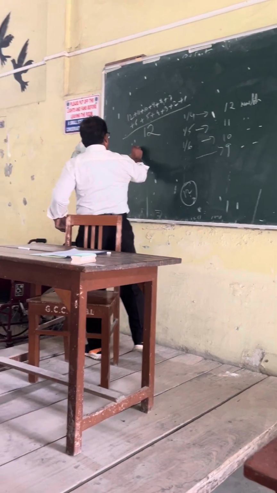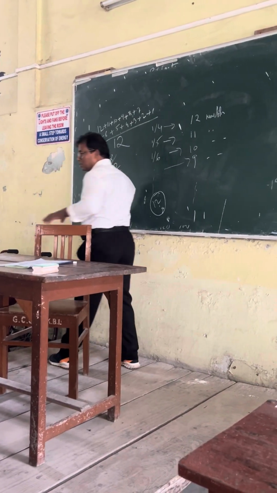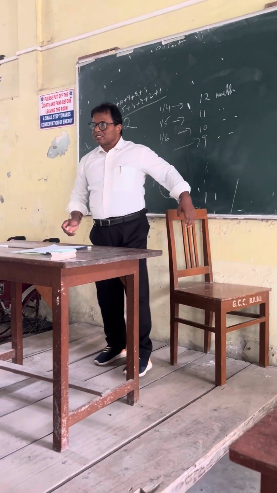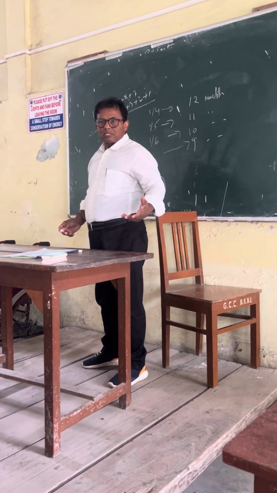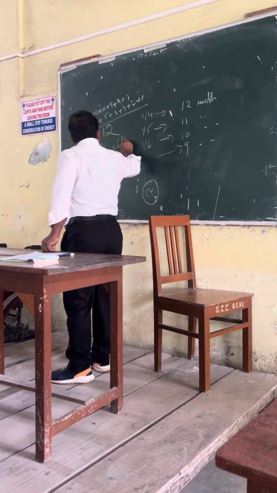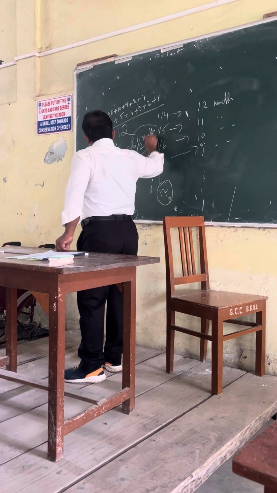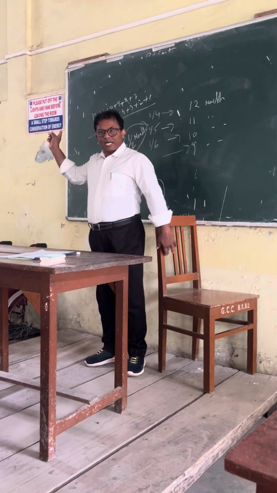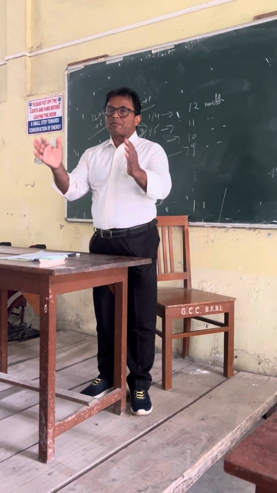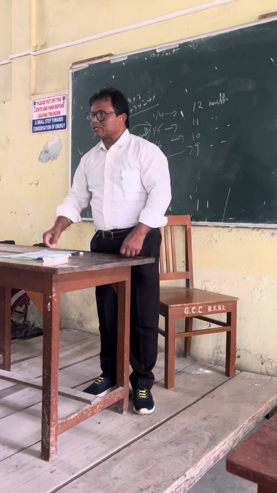So 78 divided by 12 will be 6.5 months. It will be 6.5 months. Correct? So on the total amount, you calculate interest for 6.5 months, and you will get the same interest.